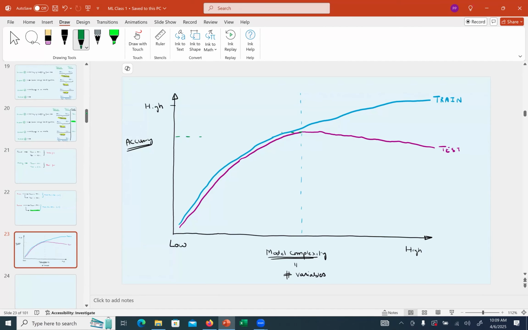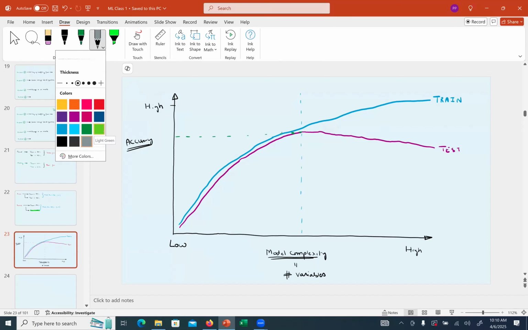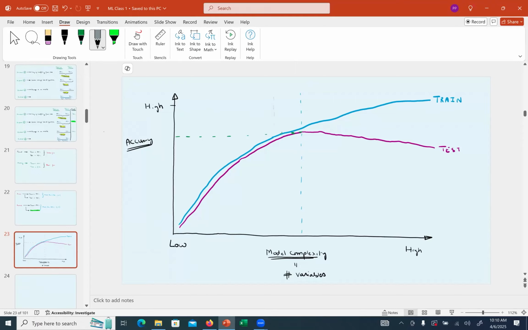This is the highest model accuracy, because my test data accuracy is considered as model accuracy. So more or less, this is the region where my model is underfitting. Is that correct? Because both training and test data accuracy were low.